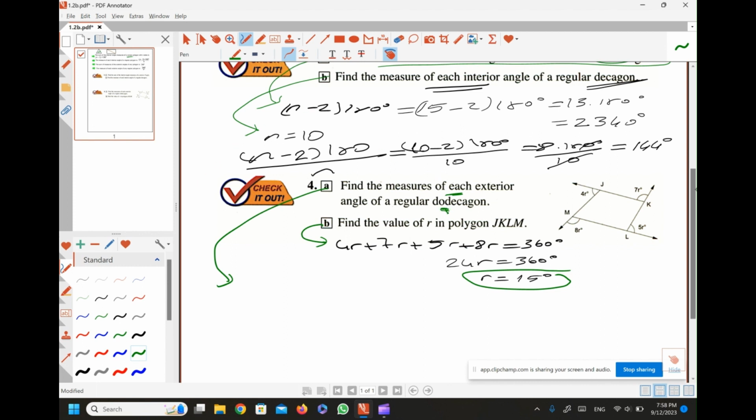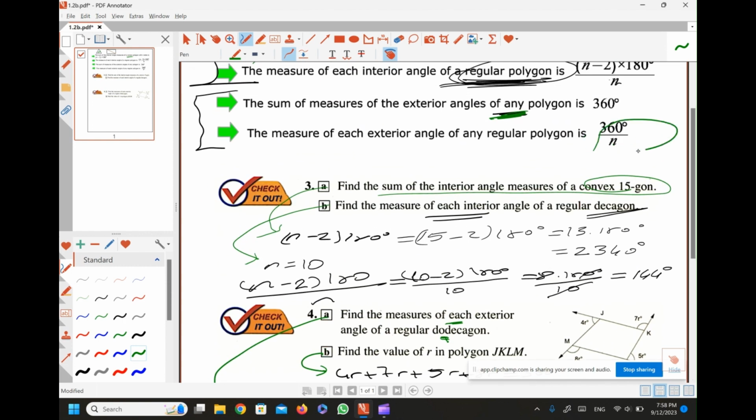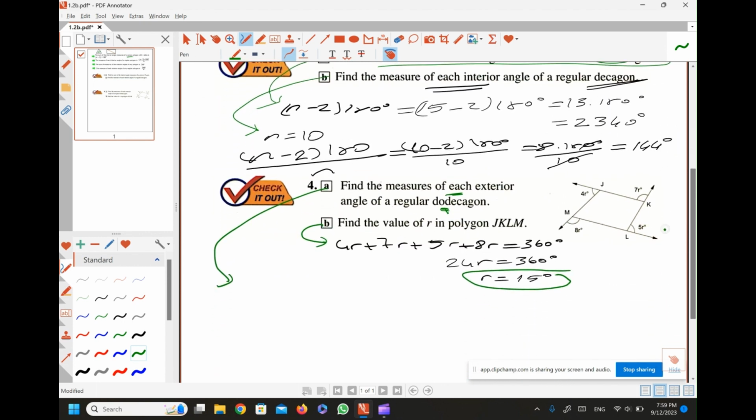So the second theorem about exterior angles is this. You take the sum, divide by the number of its sides, and that will give you the exterior angle. So let's apply the formula. The theorem says take the sum, which is 360, divided by the number of sides, which is 9, since it is a dodecagon.